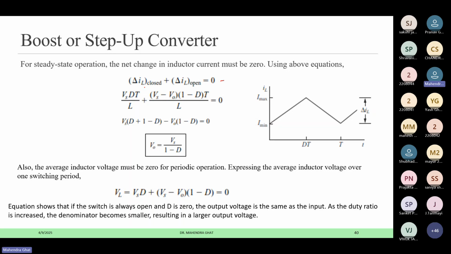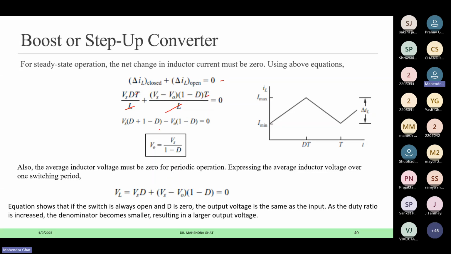Now if I put the values, Vs into dT by L for delta IL close, plus delta IL open, which is equal to Vs minus Vo into 1 minus D into T divided by L, which is equal to 0. Now this L will get cancelled, then this T will get cancelled.